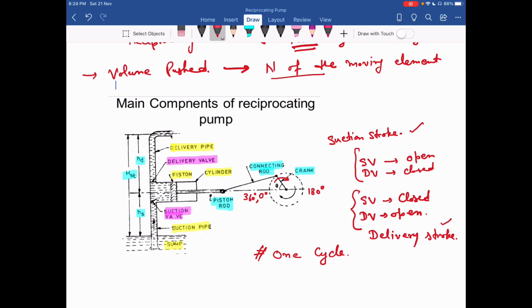Okay. So here we got the water from single side of the piston. You can say this is also a single acting pump, or you can say this is a single acting reciprocating pump.